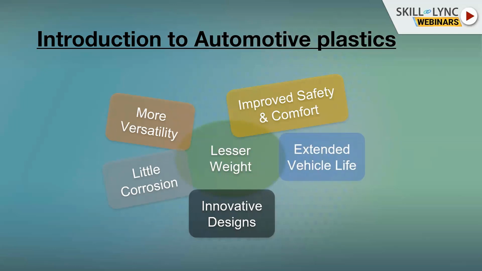A few decades ago, the official vehicle life of a car used to be 11 years, which has now increased to 17 years. And because plastic easily deforms, it absorbs energy. These are a few of the key plus points of plastics, and why the automotive industry is adopting them.